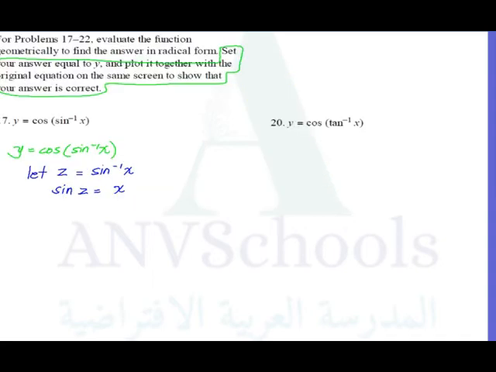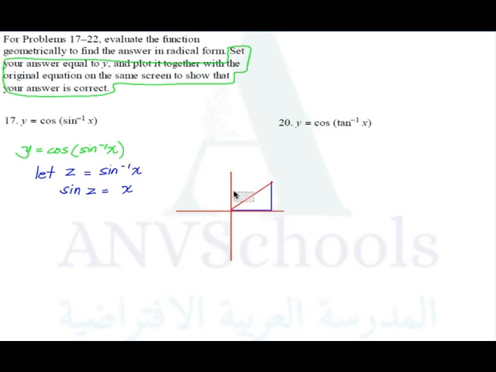Because our sine z is equal to x, we have to consider the first quadrant. And that means that we have to write a triangle in quadrant 1. So this is our triangle, which is found in quadrant 1.